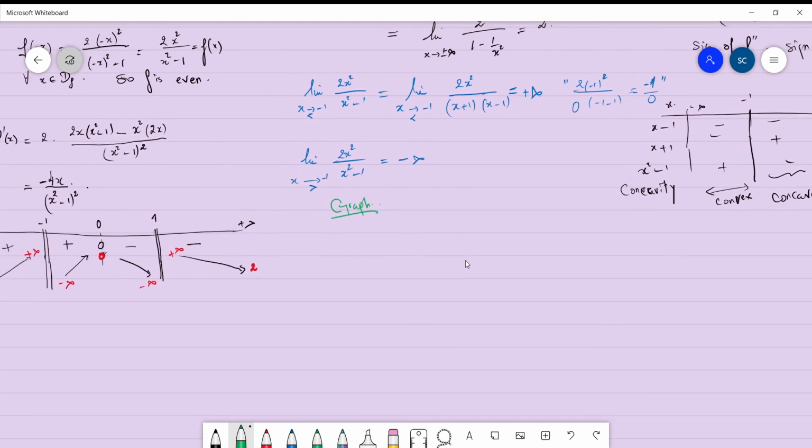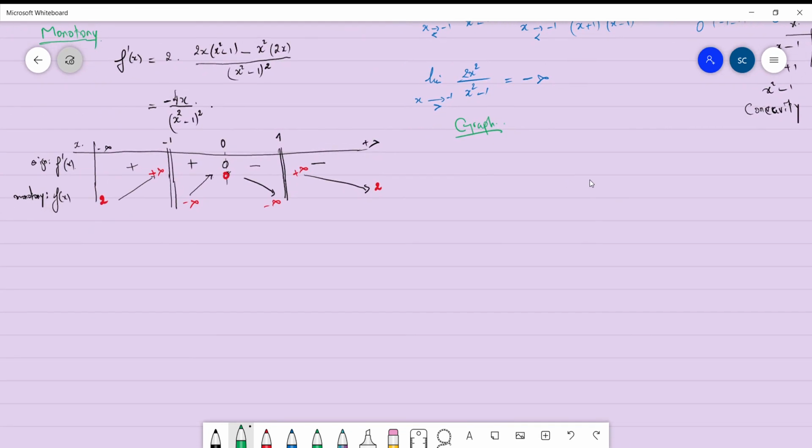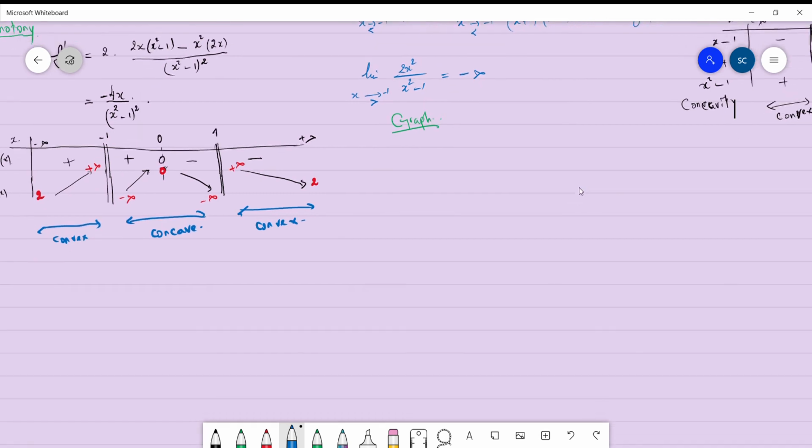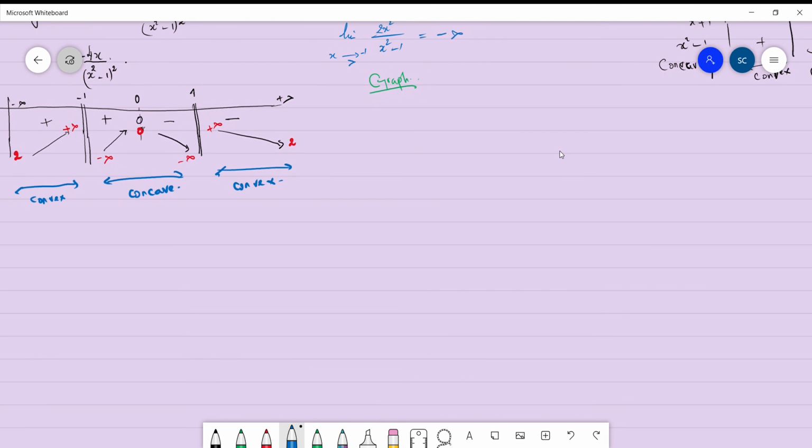So maybe it's better to write it here. Here we said convex, convex, here up to here, convex. And here, concave. So that I have everything in front of me. And now I will start to graph my function.